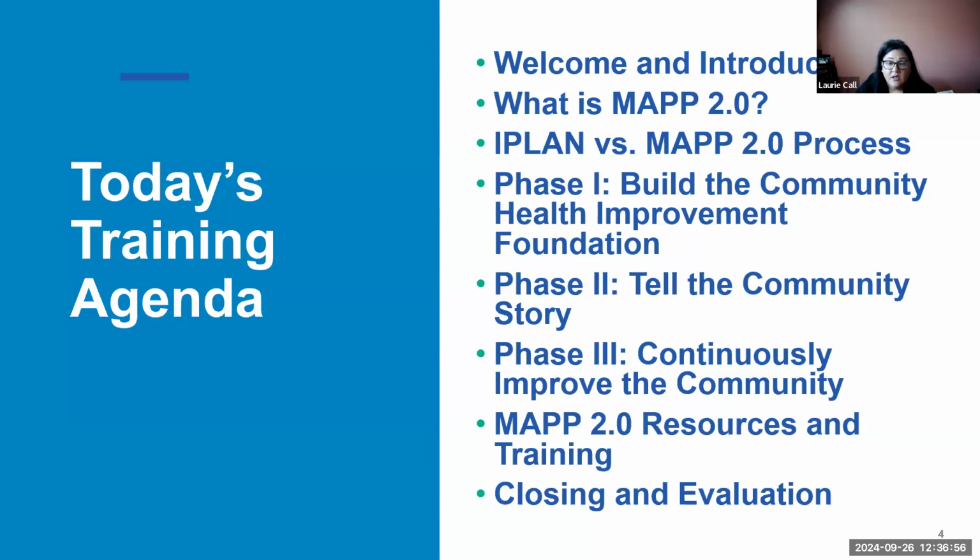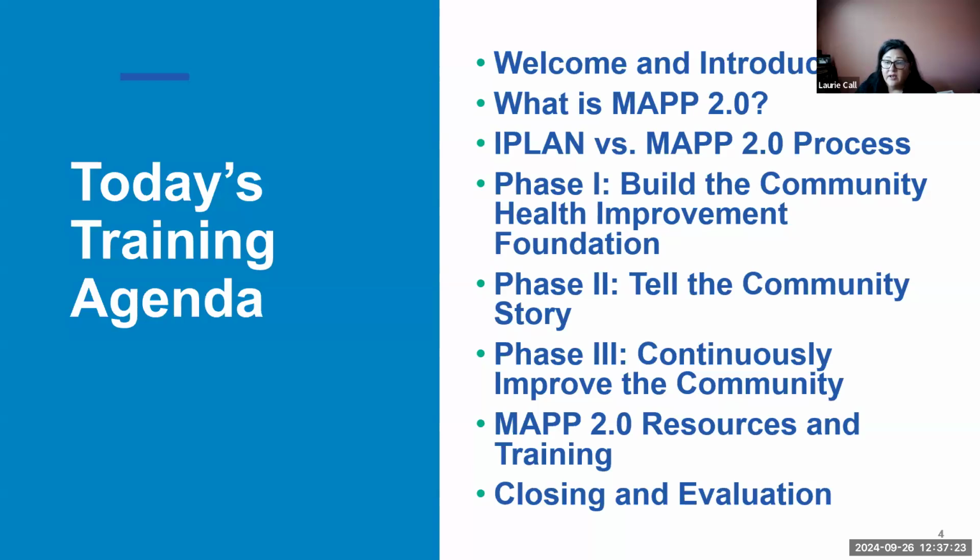We'll then dive into the 3 phases of MAP, and some of you are mentioning specific assessment activities. We will take a look at those assessment activities and also hear from 2 health departments on how they've done 2 of those assessments. And then we'll talk about the action planning portion, the community health improvement planning portion of MAP 2.0.